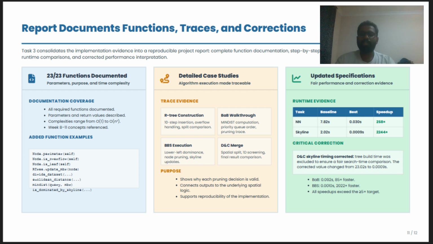During testing, we discovered that the divide and conquer skyline timing incorrectly included R-tree construction time. Since branch and bound skyline excludes construction time, this created an unfair comparison. After separating construction from search time, the corrected runtime became 0.0009 seconds. We documented this correction transparently in the report.